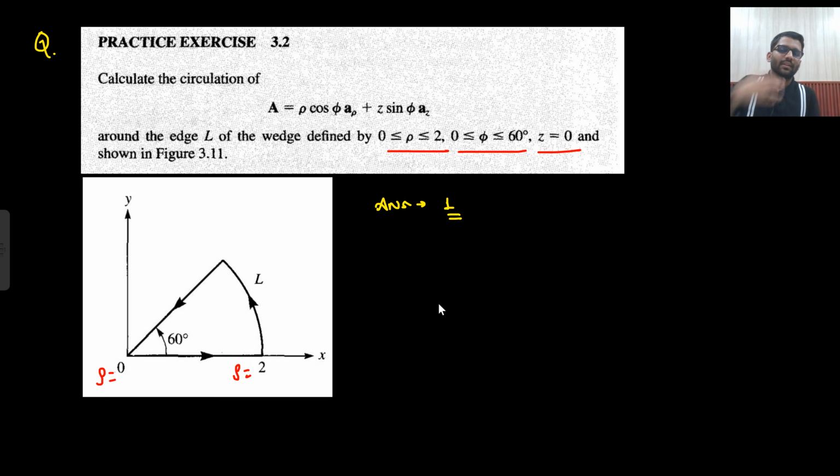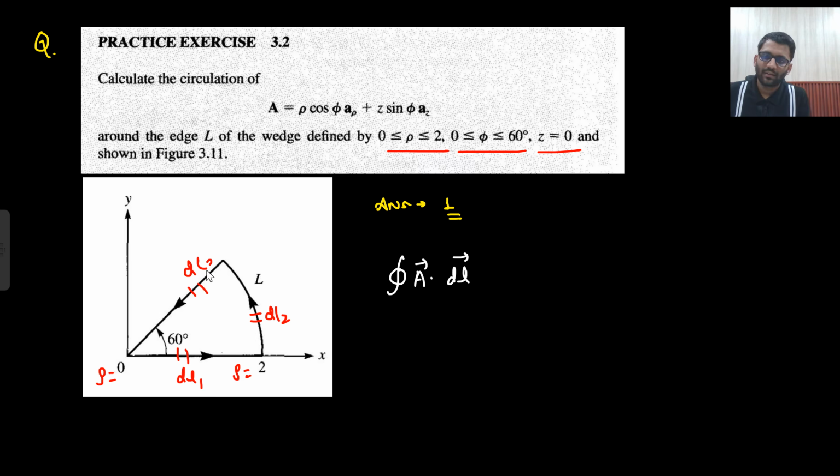So let's start. Can I write down the closed line integration here? Yes, because this is forming a closed loop. So I can write down the closed line integration of A dot dl. This I need to find. There are three paths: dl1, dl2 and dl3.